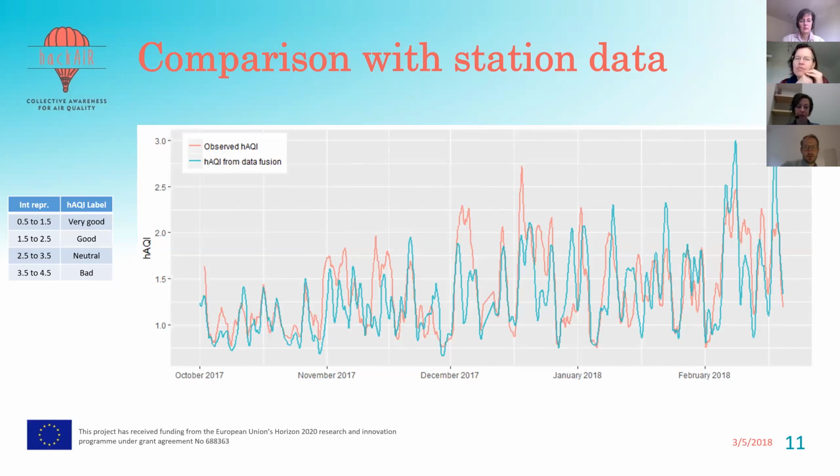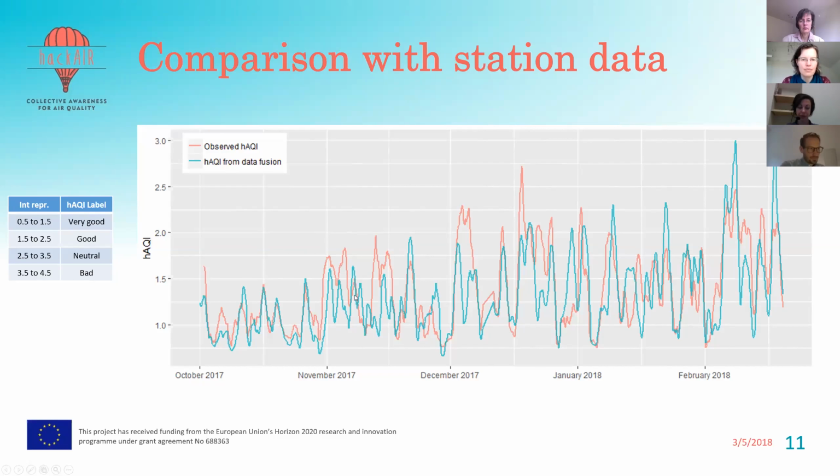And we get relatively close to it, but there are, of course, some cases, for example, here, where the data fusion underestimates the official measurements. This could be related, for example, to individual sensors showing an outlier, or it could be related to other issues that we cannot currently foresee.